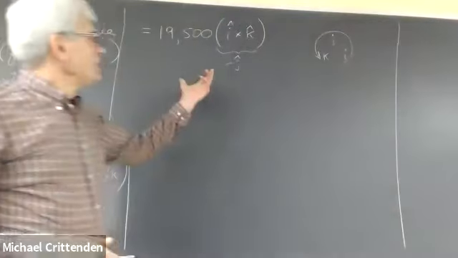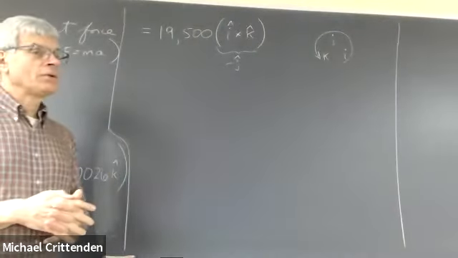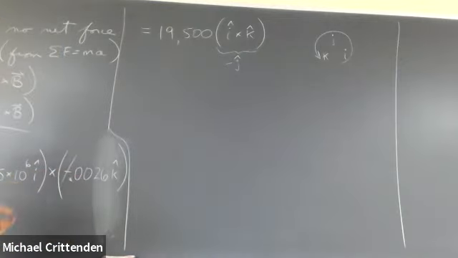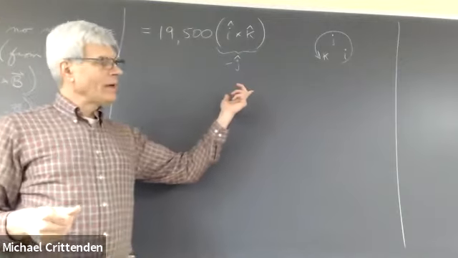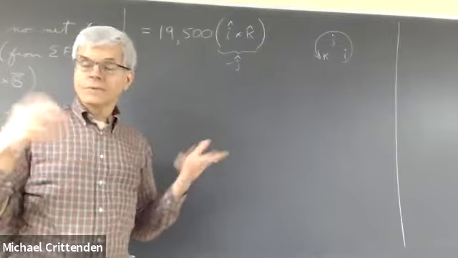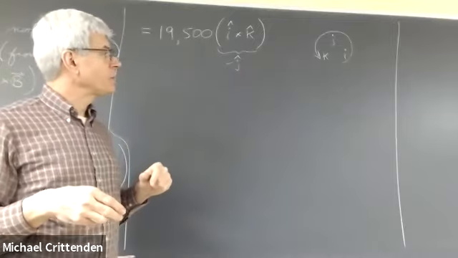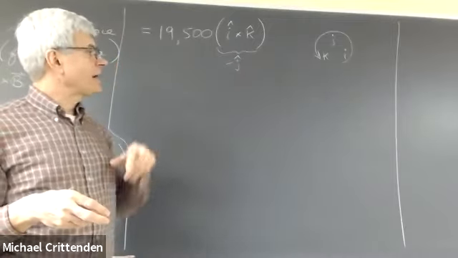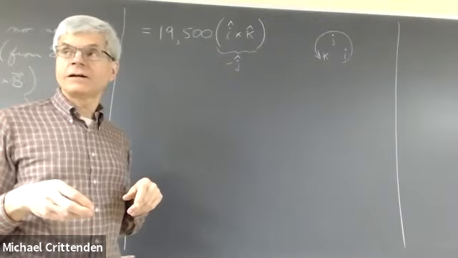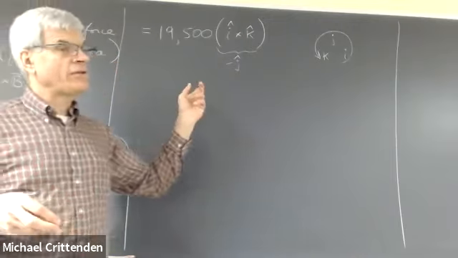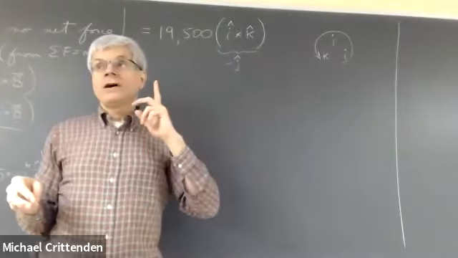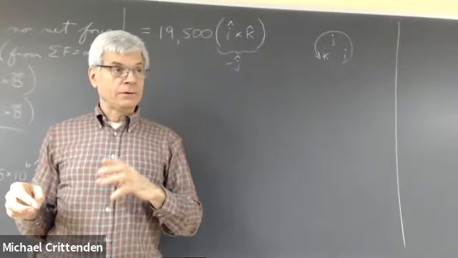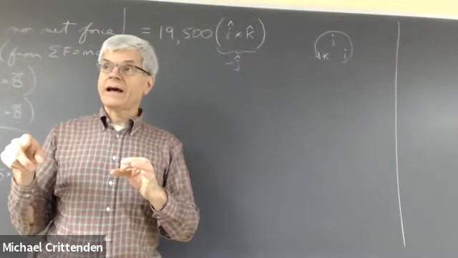So for a problem like this one, where there's only one component to each vector, and they're each right along one of the coordinate axes, that's probably the easiest way to figure out the cross products. Any vector crossed with itself is zero, because there's a sine theta factor.